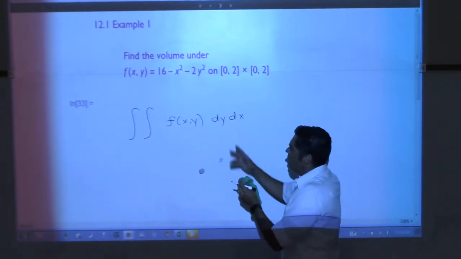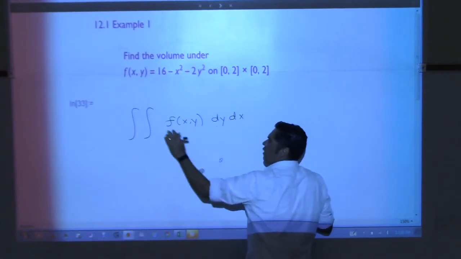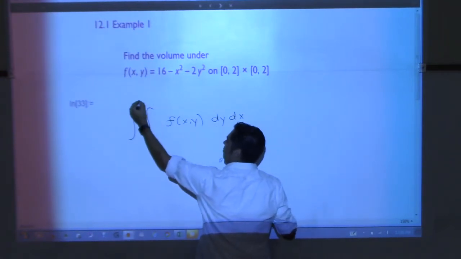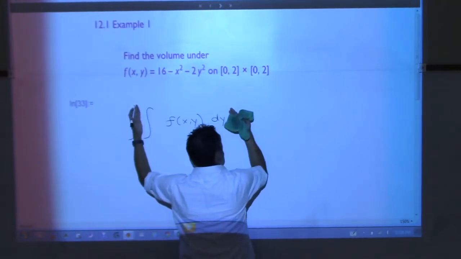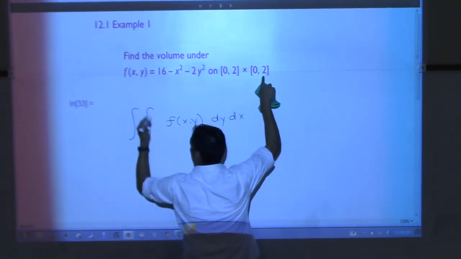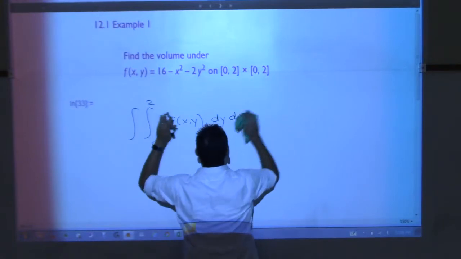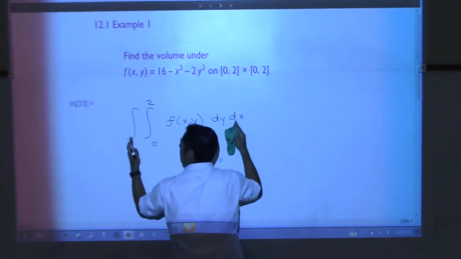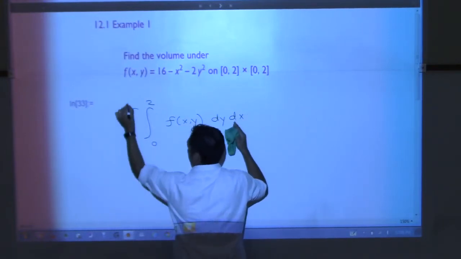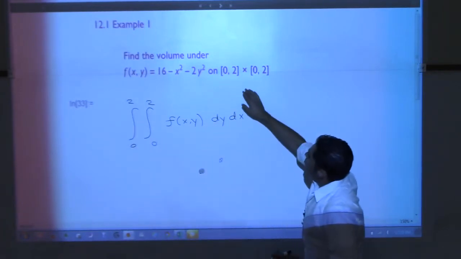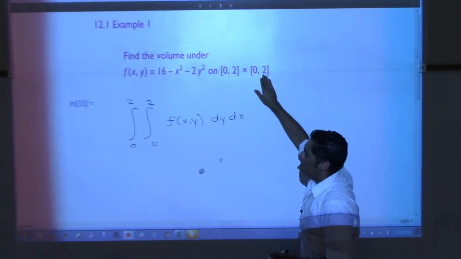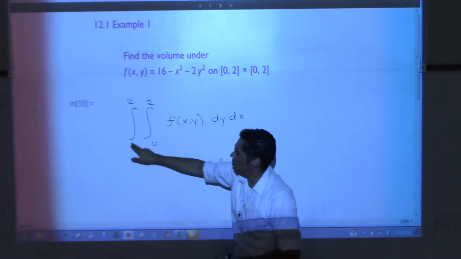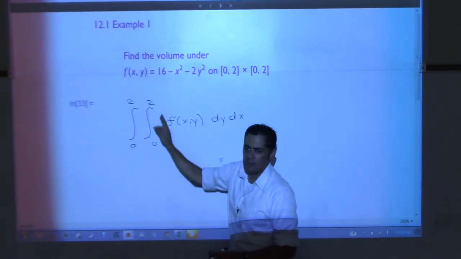If you do dy first, then the inner integral, which is the one right here, needs to have your restriction on y. The restriction on y comes from this, so it'd be 0, 2. And then you go outside, and the dx corresponds to this one, so that would be also 0, 2. But if this were 0, 5, 0, 6, then it would be 0, 5, 0, 6.